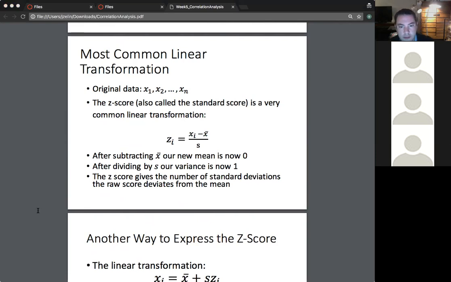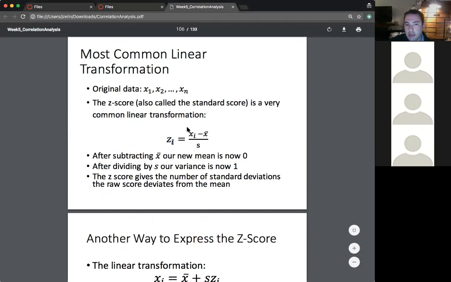Okay, so let's talk about z-scores, right? So this is a z-score. When we talk about z-scores, it's a linear transformation of data. And the whole idea of the z-score is it's used to standardize our data, right? This is the calculation for a z-score.